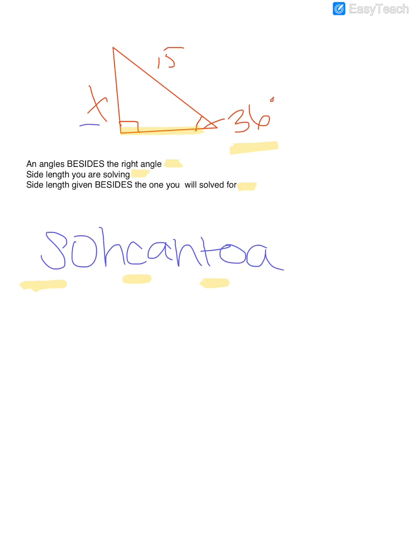So if we're using cosine, we go ahead and check that side length that our angle is connected to, and nothing is given. It is neither the side we are solving for nor the side that is given to us. So honestly, that automatically rules out cosine, because one of the factors, A and H, A is not given to us, so we cannot solve.